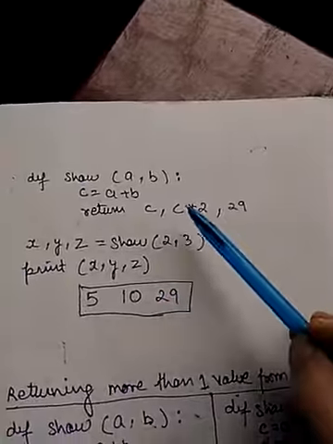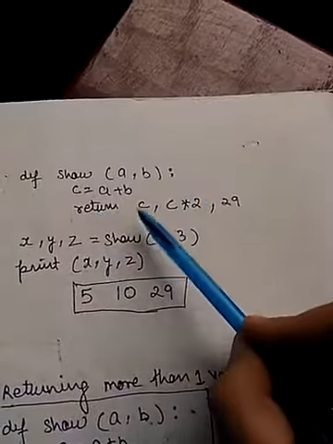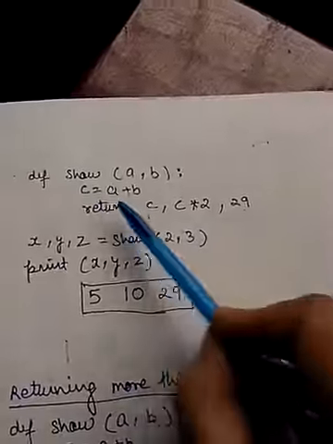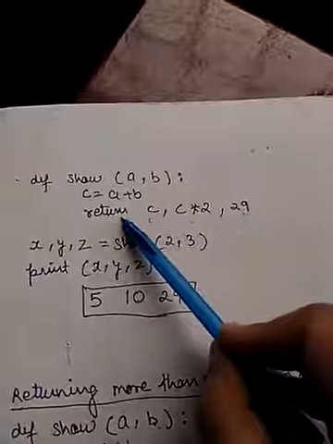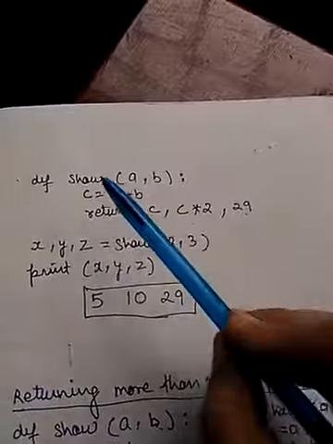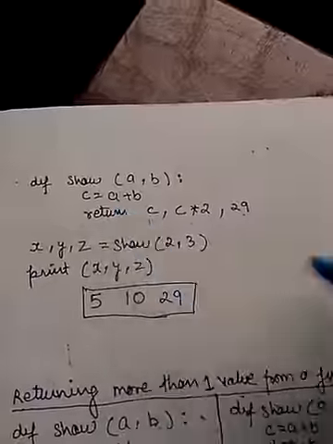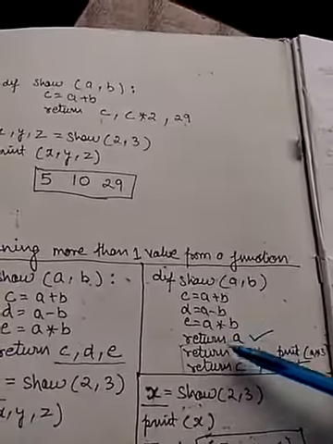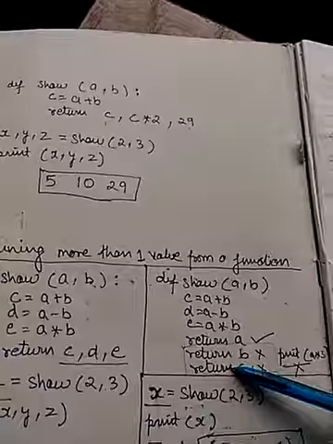Now what I want to tell you is that you can return a variable, an expression or a constant from a function. So remember that more than one value of any type can be returned from a function, but those values must be returned in a single return statement. If you write multiple return statements one after another, then the return statements written after the first return statement are not going to execute.